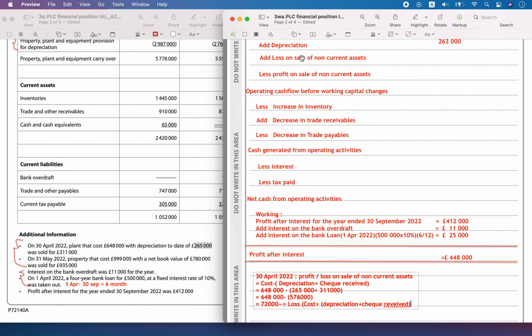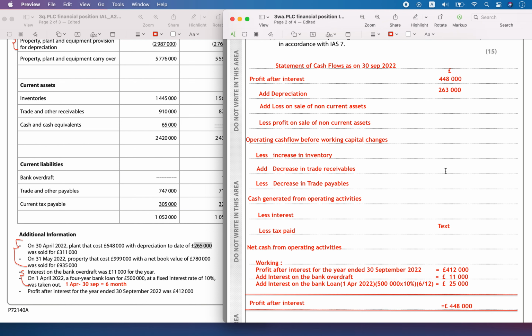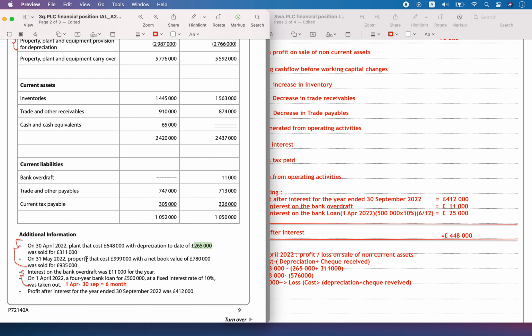So that's why it is a loss. Now any loss or expenses I will have to add back. So I added back the depreciation, which is a cost. Now the loss of about 72,000 has happened. So this you will add.